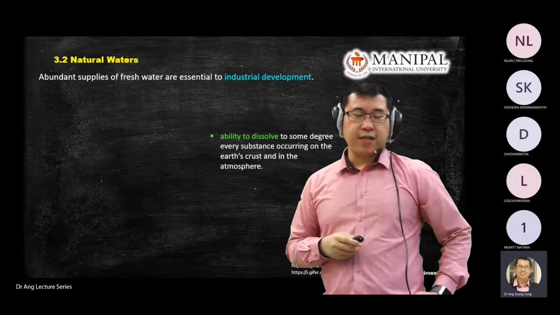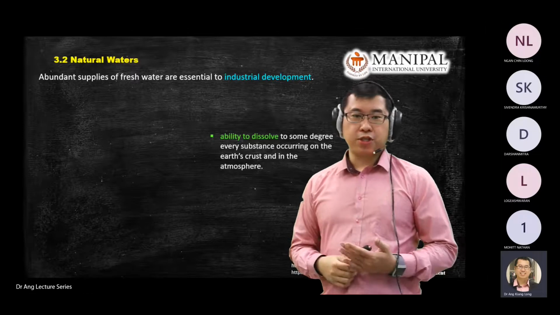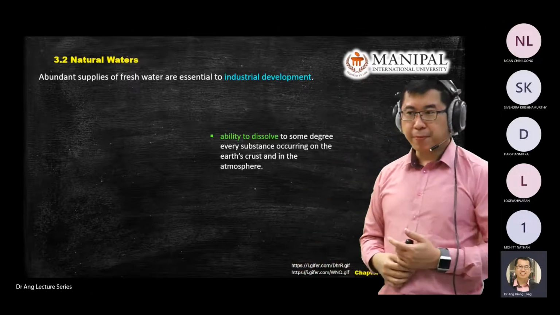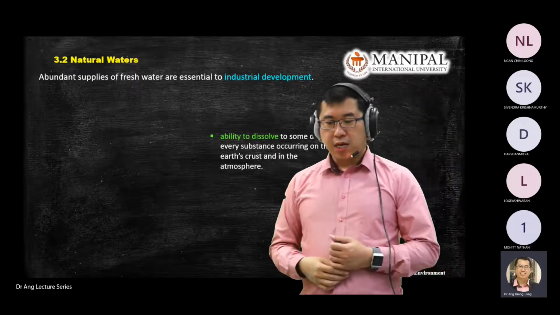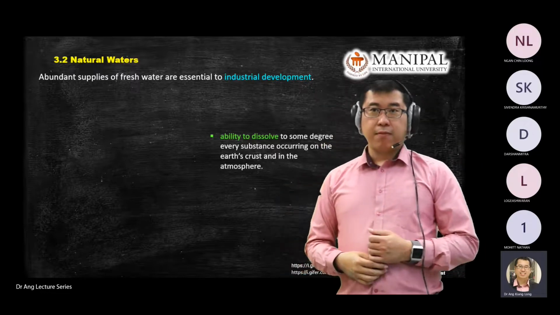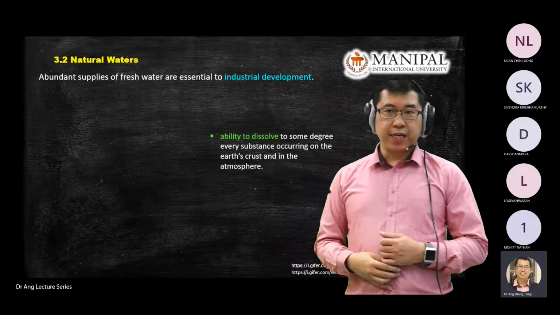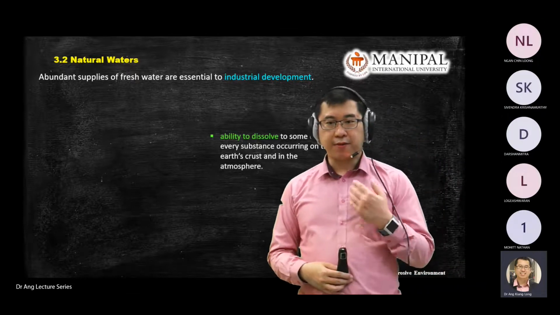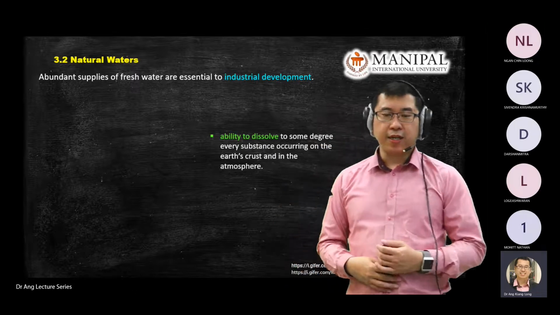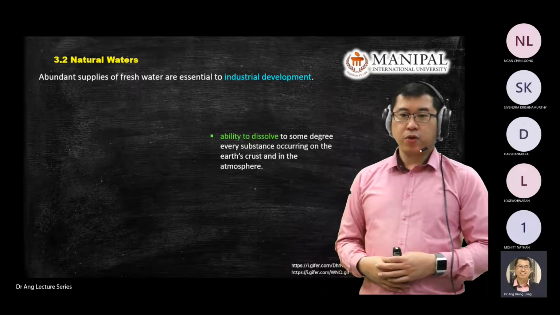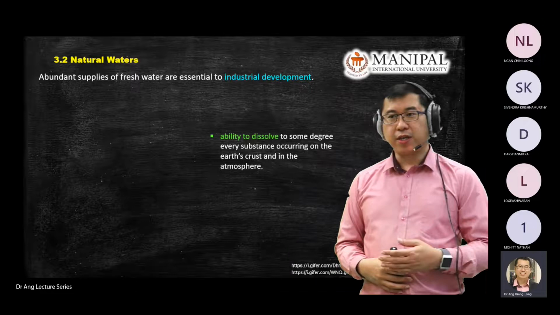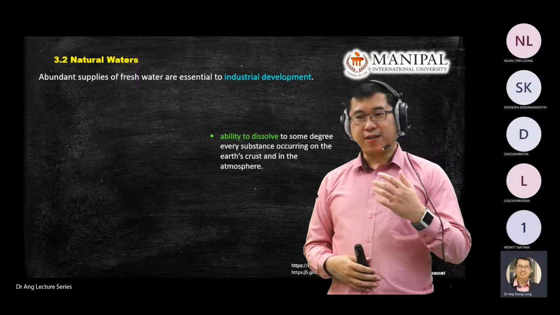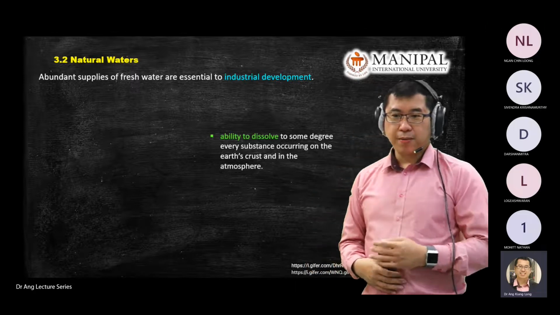Some of the usage: they pump water into the factory, into the machine. The most popular application is to cool down the machine. They have some combustion process, and then they want to cool down, or they want to change the heat energy into mechanical energy.